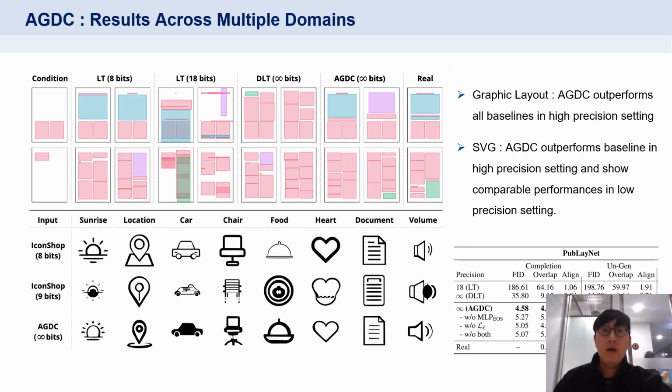For text-to-SVG generation, AGDC is the first method to preserve the continuous nature of control points. AGDC generates continuous vector outputs with inherent infinite precision, with quality comparable to the baseline's best low-precision outputs, where high-precision icon shapes in 9 bits or 10 bits tend to fail completely.